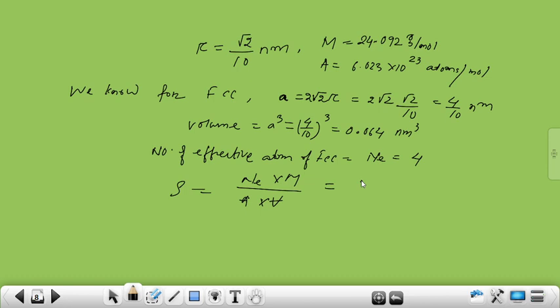So the number of effective atoms is 4, and molecular weight is given 24.092, divided by Avogadro number 6.023 into 10 to the 23 into volume of given 0.064 into 10 to the minus 9 whole power 3.